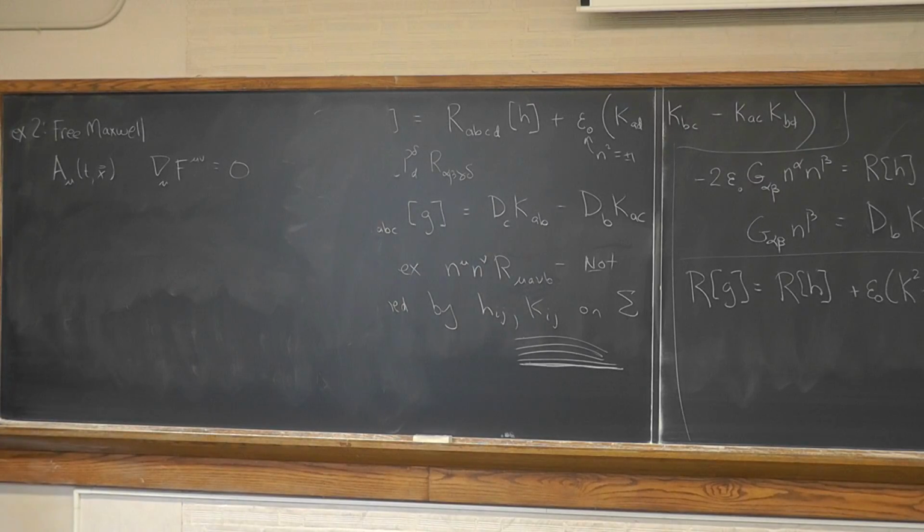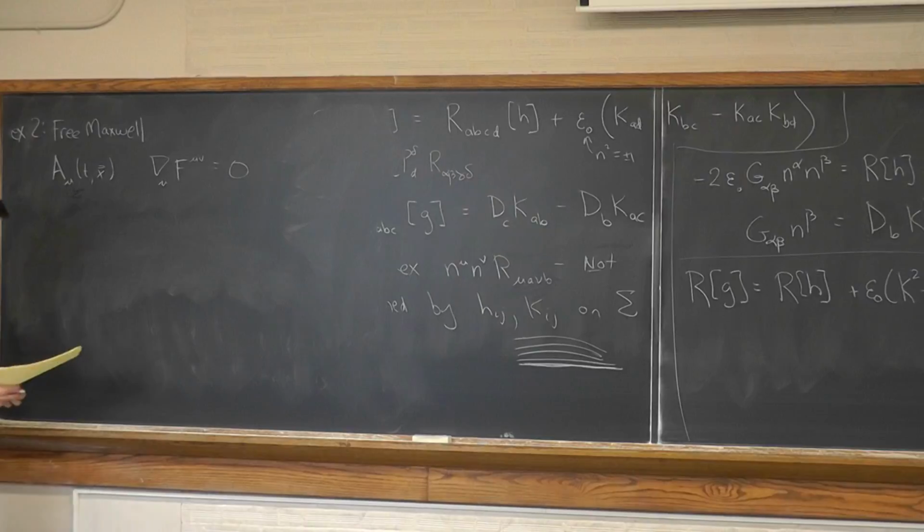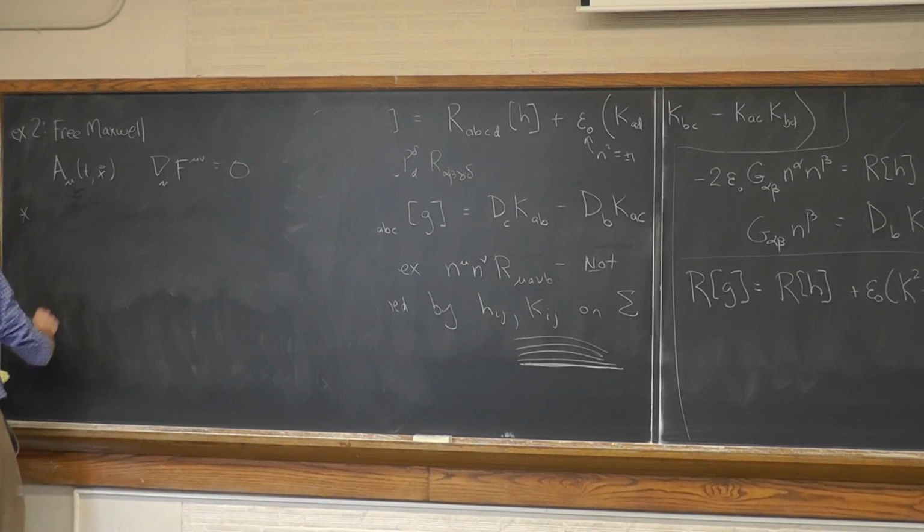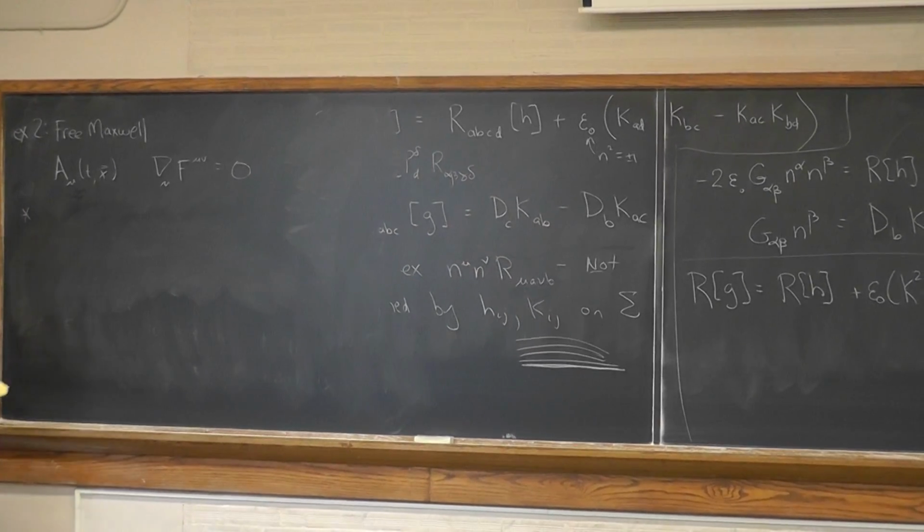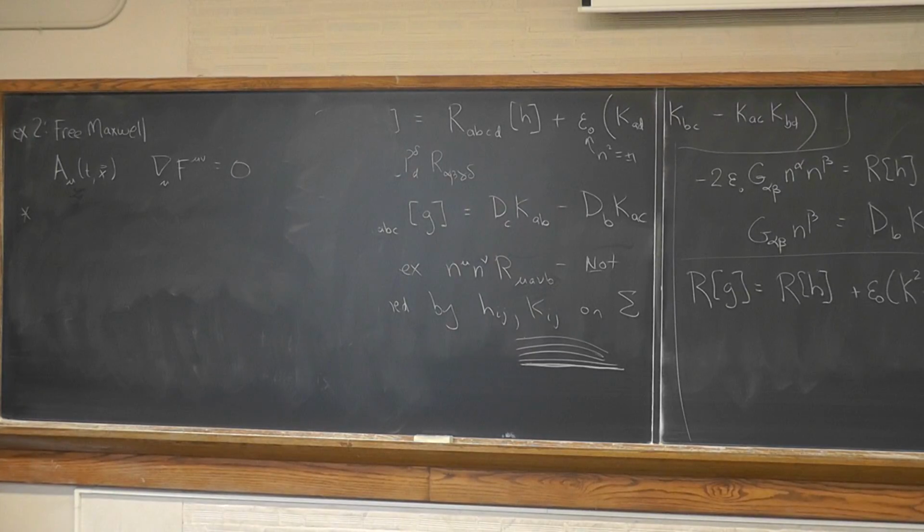Now, at first sight, this is 4 equations for 4 unknown functions, so you might think that you're in a good spot. But actually, this is not a well-posed differential equation for the vector potential. That is, if you hand me A mu at time 0 and A mu dot at time 0, that's certainly not going to give me a unique solution of the vector potential at later times.